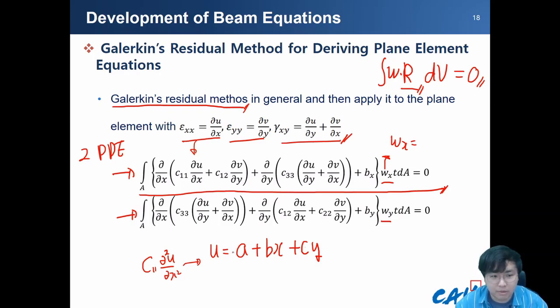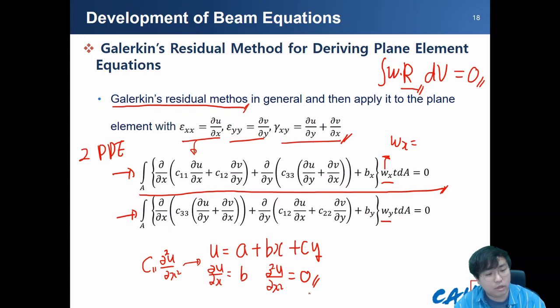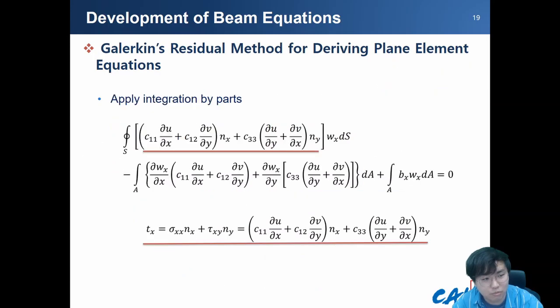However, after taking the derivative of the displacement field, we obtain constant values. The second derivative always returns 0, so we cannot apply the second derivative equation directly, and we need some more techniques. What is the technique?